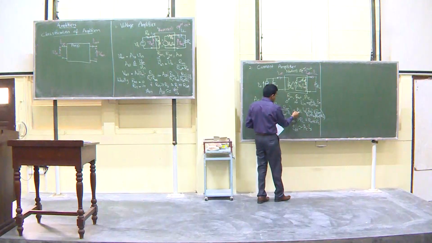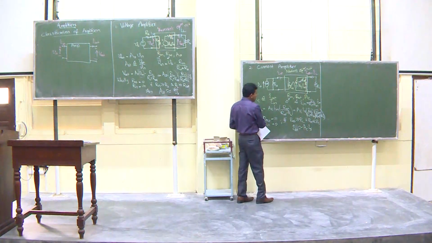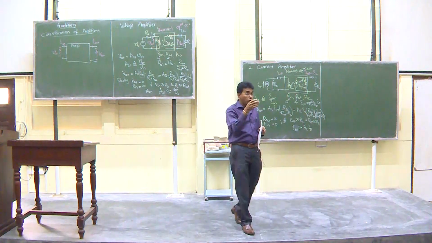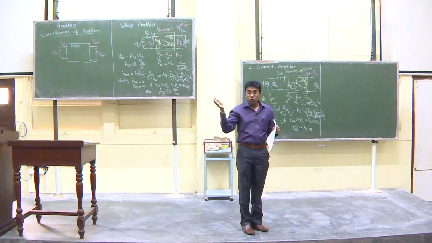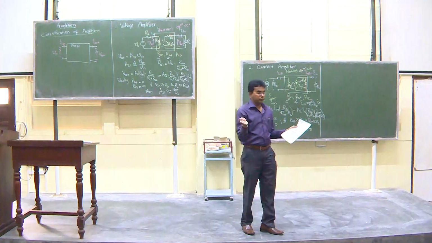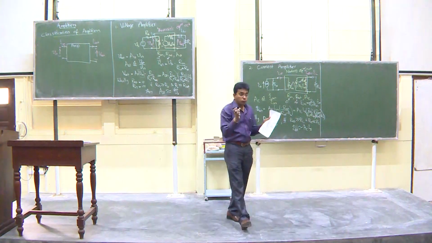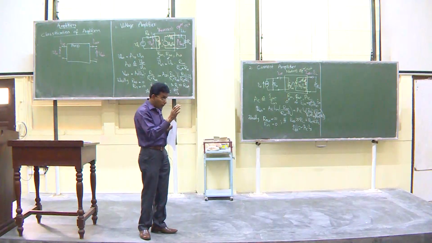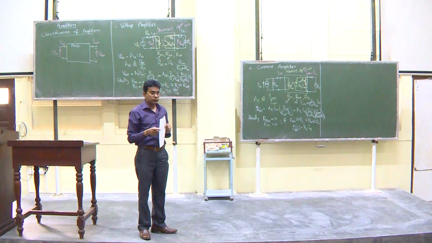If that is the case, AI will be equal to I out over Is, meaning that whatever the value of Rs, it can be 10 kilo ohms, RL can be 1 kilo ohm, doesn't matter, the current gain will be the same. But in order to do that, we have to have that condition, right.